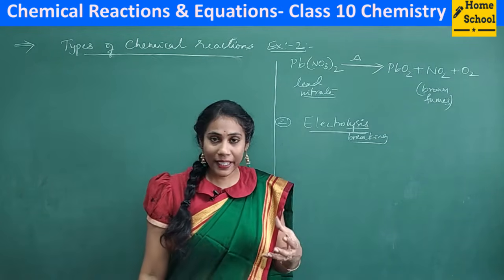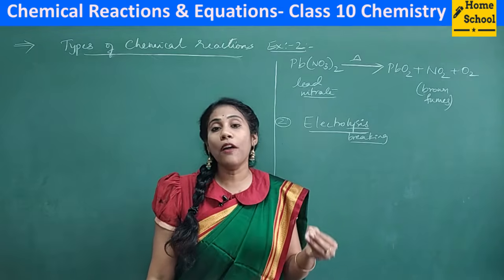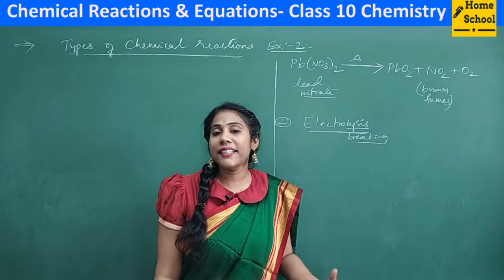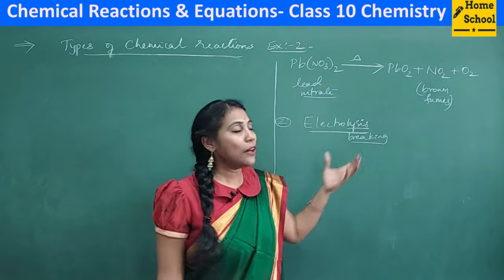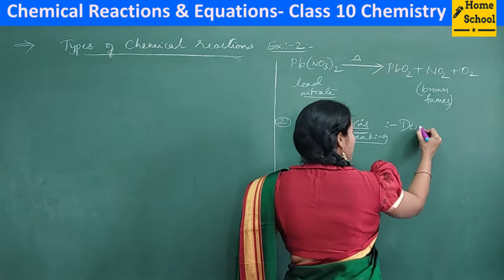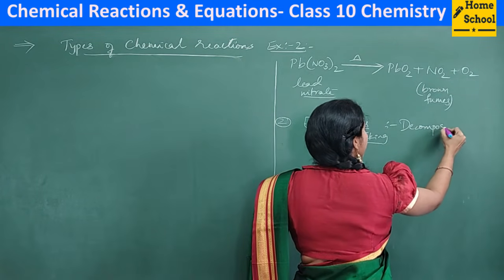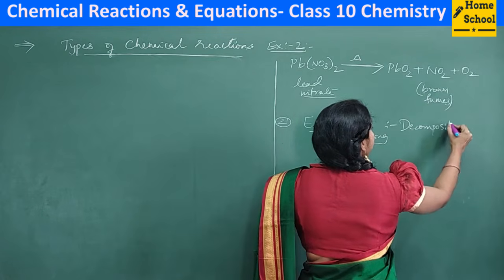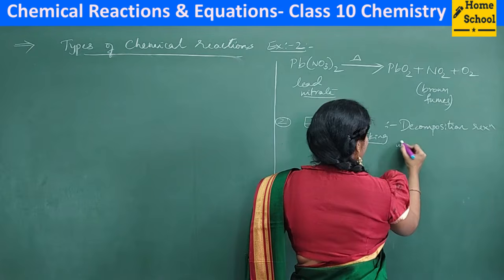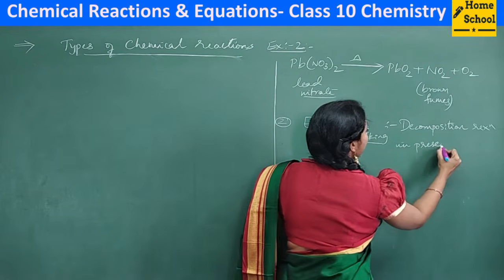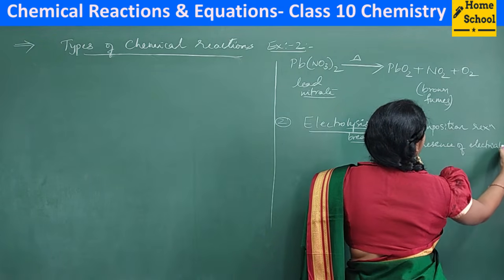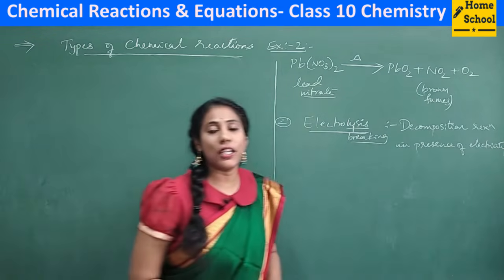So you are breaking something with the help of electrical energy. That's why this is called electrolysis. So how do you define electrolysis? Electrolysis is nothing but a decomposition reaction, you are breaking a single reactant, in the presence of electricity. So this way you can write a simple definition for electrolysis.